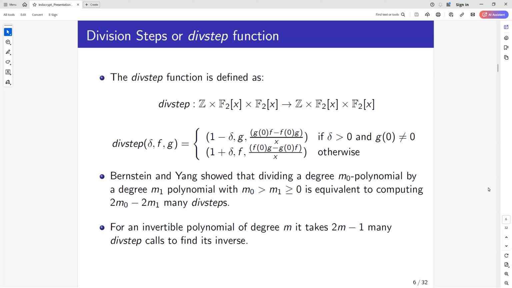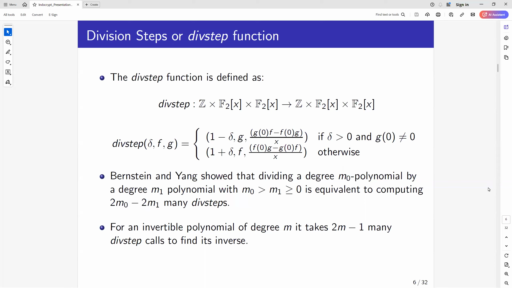Bernstein and Yang came up with a unique division algorithm where the division is made by the div step function. So what does the div step function do? Where delta is the degree difference between f and g, depending on the value of delta and g0, it does a conditional swap and an elimination of the coefficients.